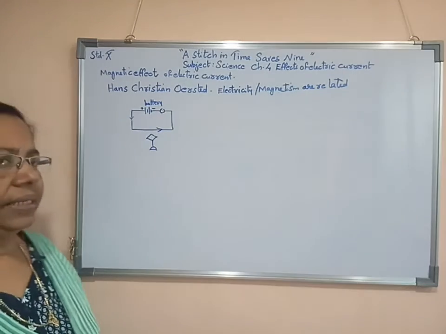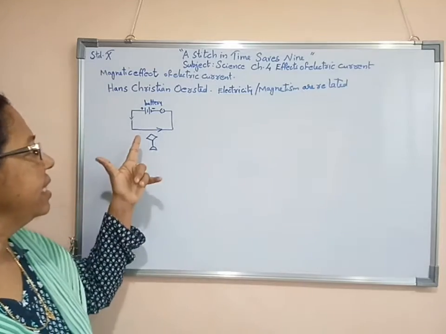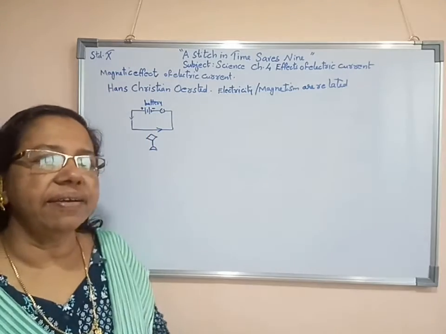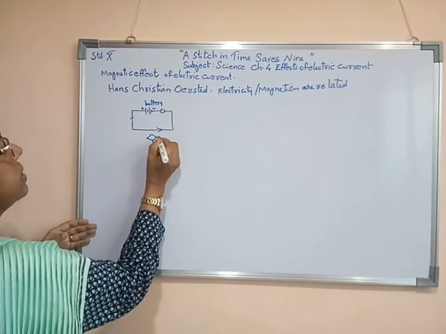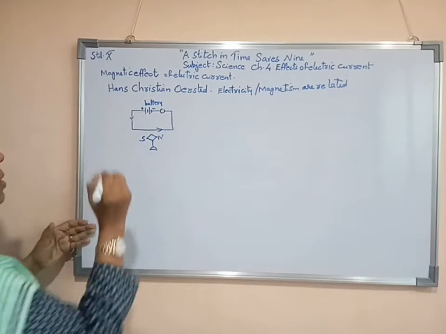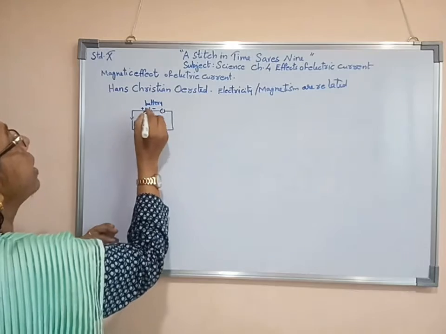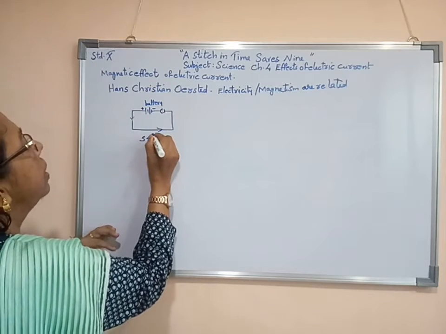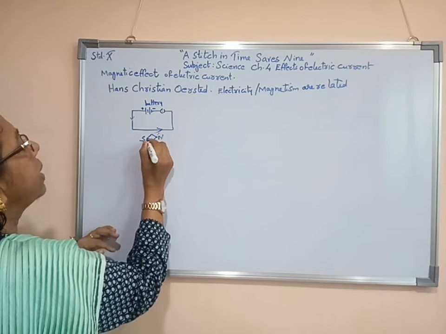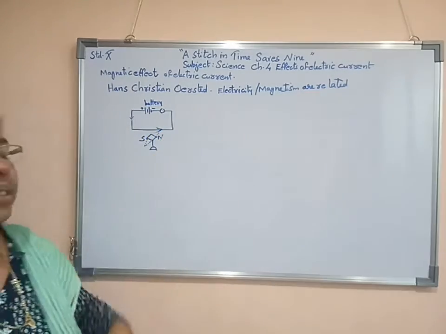Here, in the direction towards which the current flows, I am keeping the north pole of the magnetic needle here and the south pole here. So as current flows from the positive terminal to the negative terminal, the magnetic needle shows deflection towards the direction where the current is flowing.